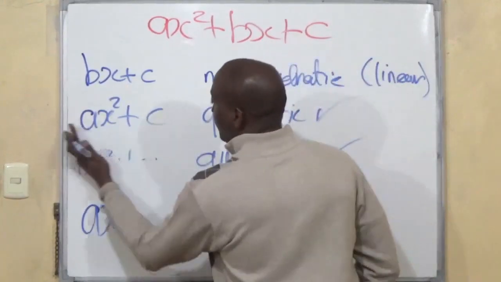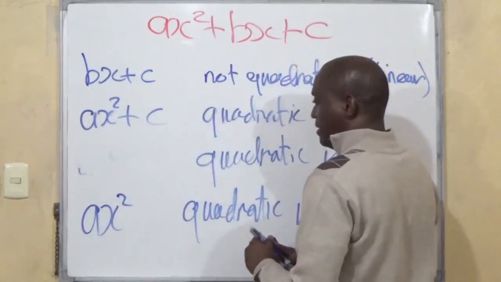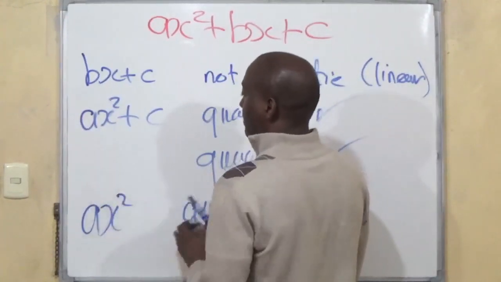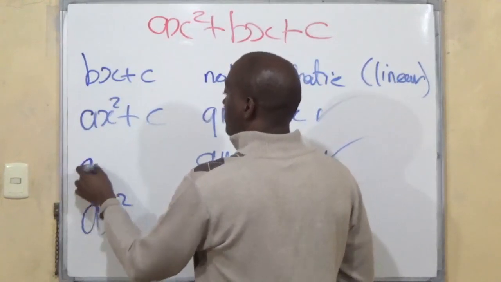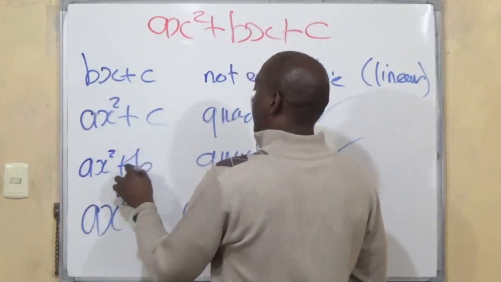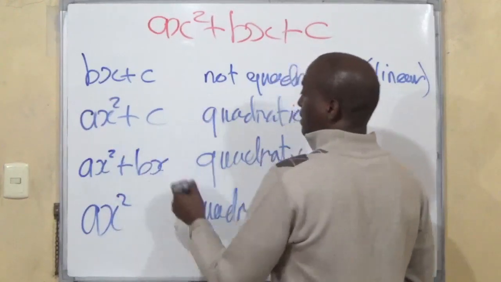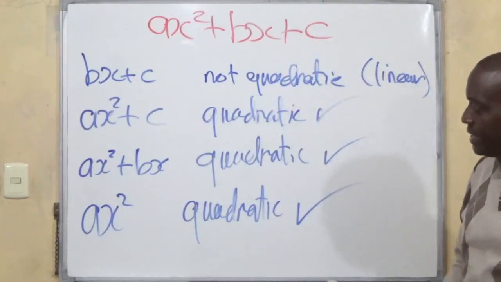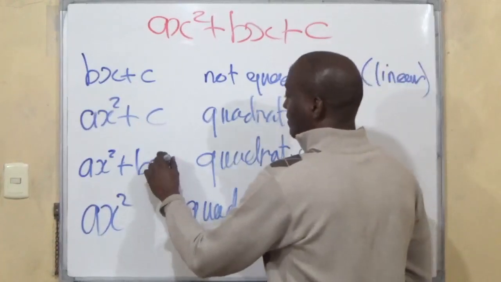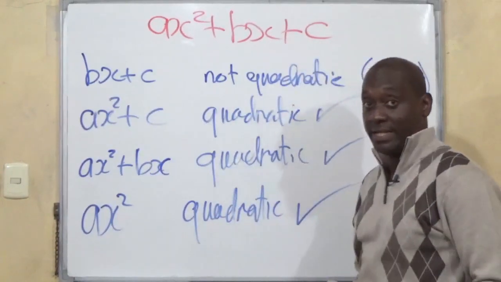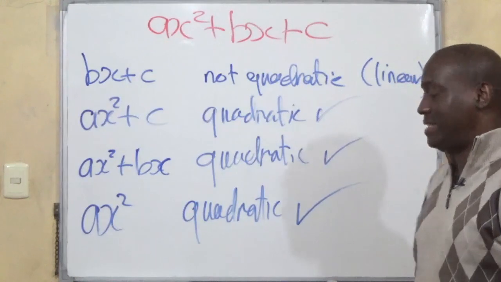Right? So the quadratic expression could also appear in one of these three forms here: ax squared plus c, where b is equal to 0, ax squared plus bx, where c is equal to 0, and just plain ax squared, where b and c are equal to 0.